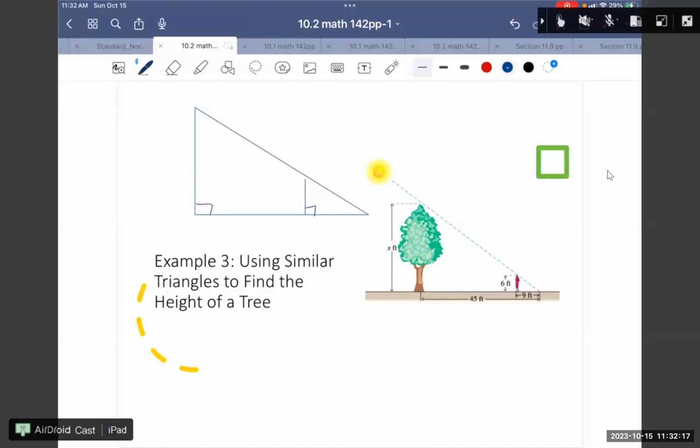This one is 6 feet, this one is 9, and the whole thing is 45. So this one is the X.